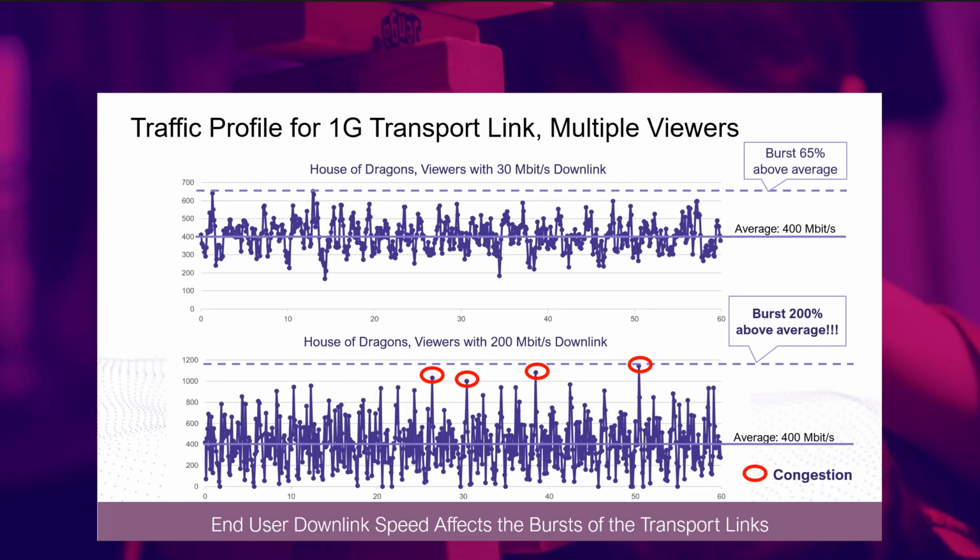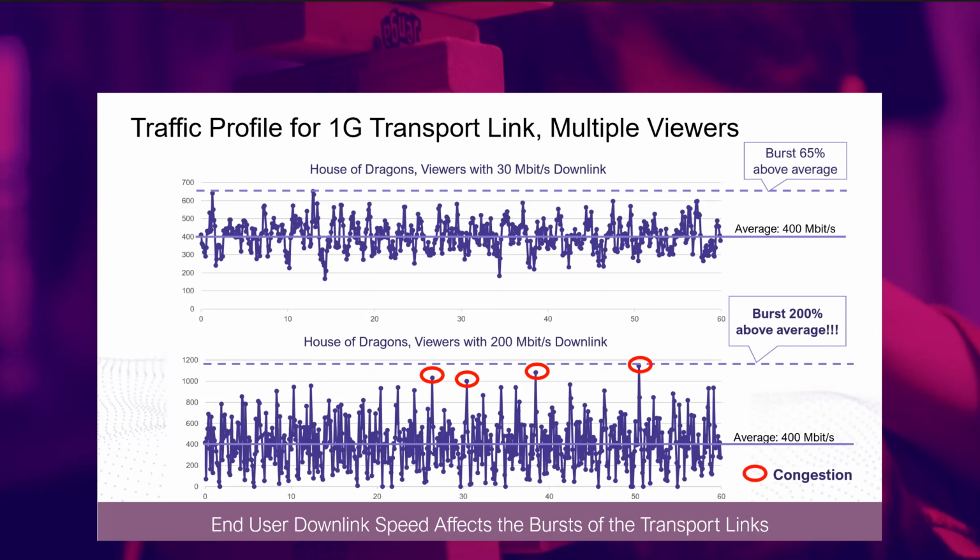If we look at the burst patterns here, it's quite interesting. Already with the 30 megabit download link, we can see that this traffic is quite bursty, because when we aggregate it, all of these spikes get aggregated together and they don't match up perfectly in time. So there will be certain spikes, certain bursts.